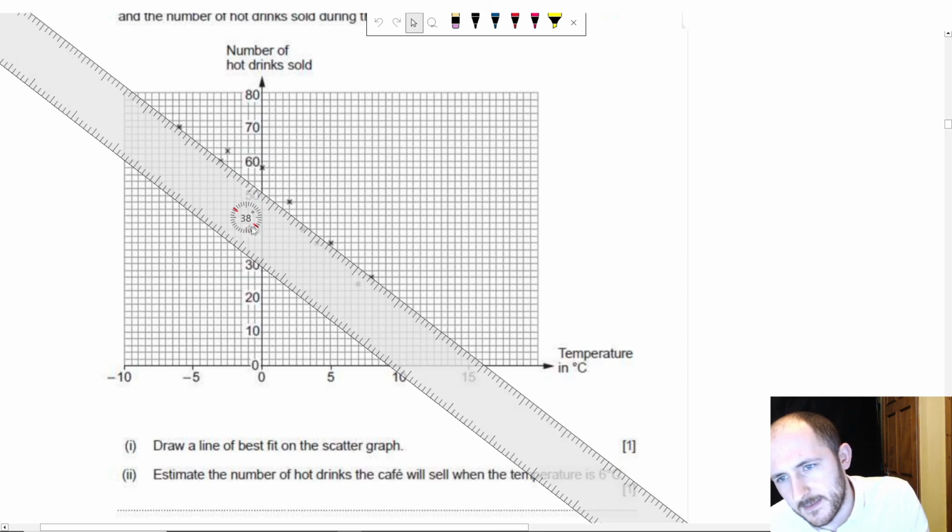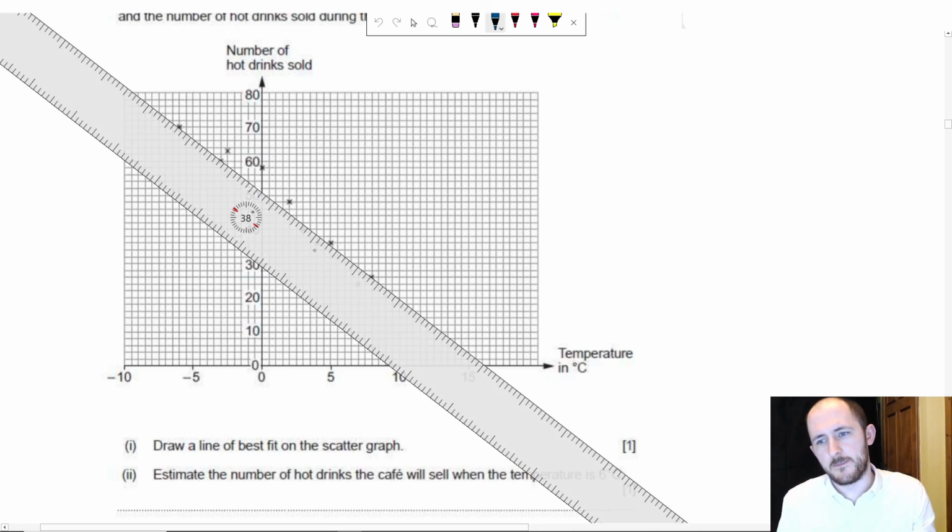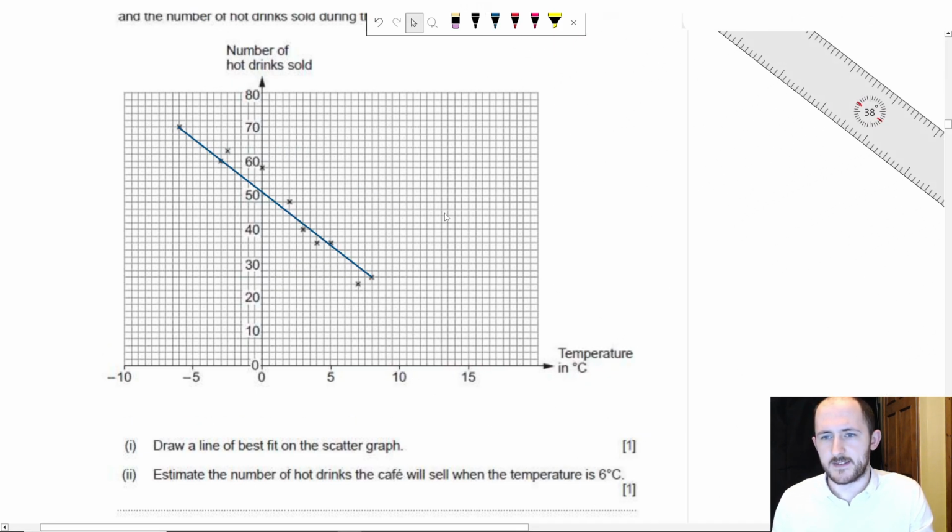It's a bit too steep. I'd say that's probably a bit better. I'm going to leave that to the side for now. Again, something similar to that, right? You have a bit of leeway in it. But you get the mark for that.